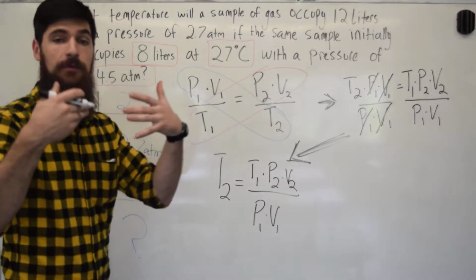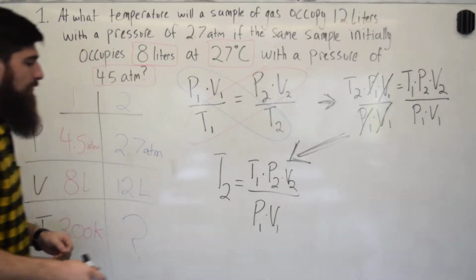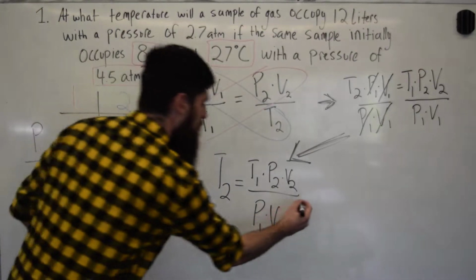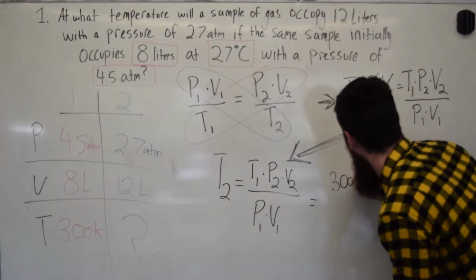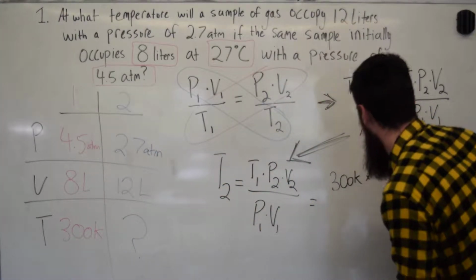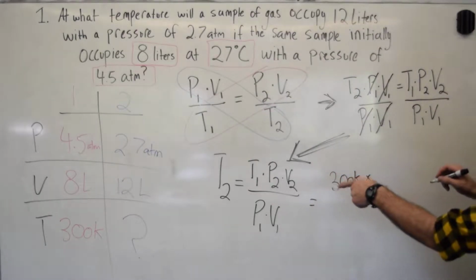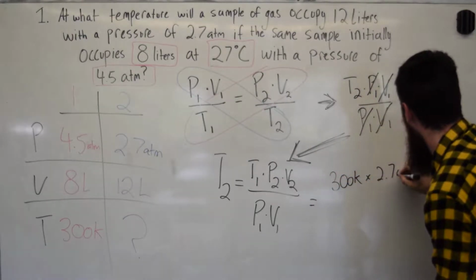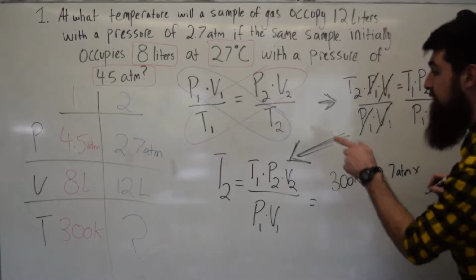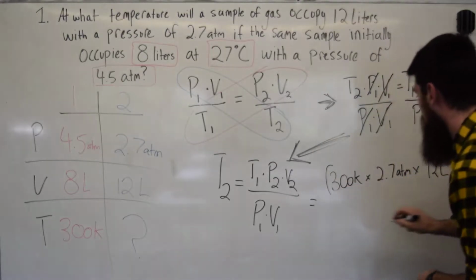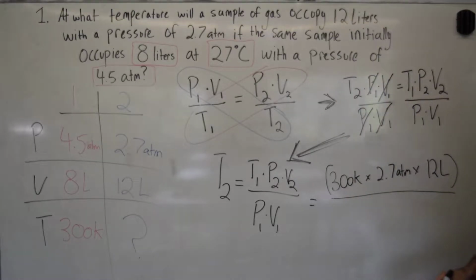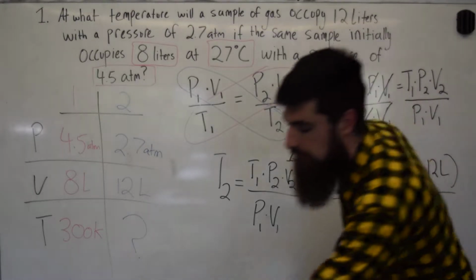Now I can put my numbers in, okay? T1 is 300 Kelvin times P2 is 2.7 atmospheres times V2 is 12 liters. If you can't hear the next part of the video, it's because you guys are too loud in the hallway.